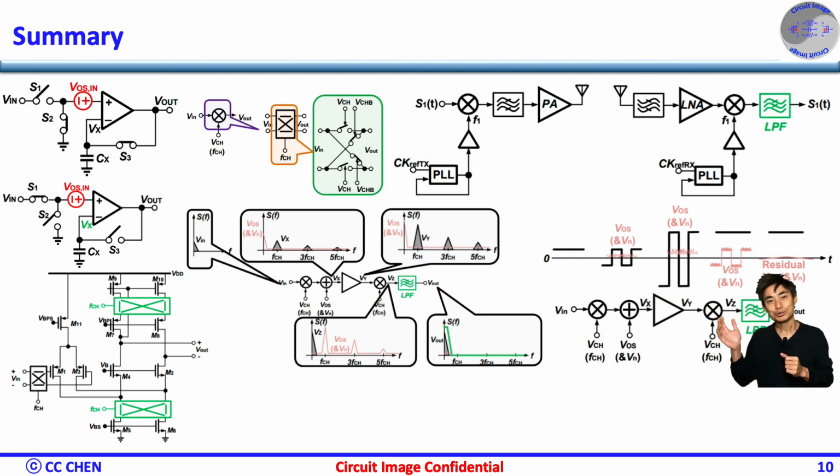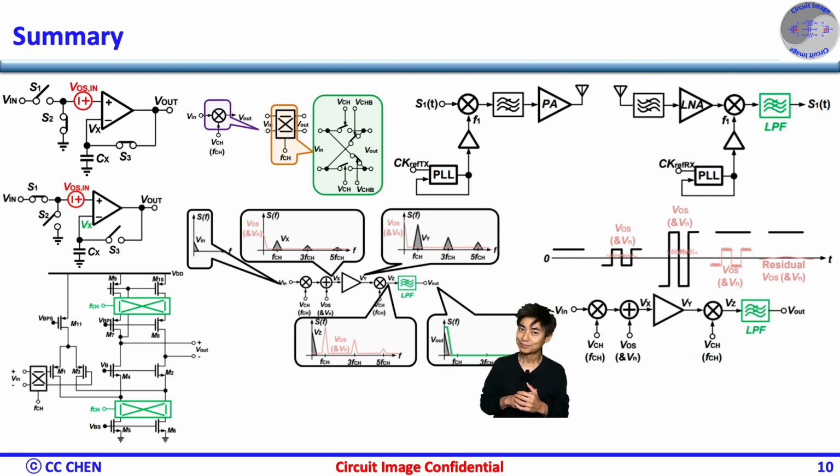Similarly, the chopping in the time domain also shows the magic through the square wave clock, which will move the signal back to the DC signal. But the DC offset or low frequency noise becomes a square wave offset and noise that can be totally removed by a low pass filter.